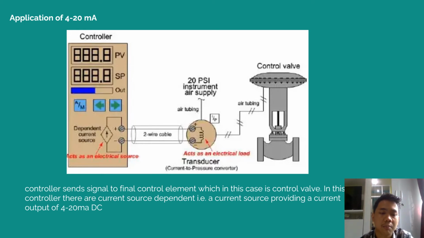For example, when the mode in the controller is changed to manual and the output is set to 50%, the DC current coming out of the controller is 12 milliampere. If everything goes well, the current in the loop will still be 12 milliampere even though there is a slight change.